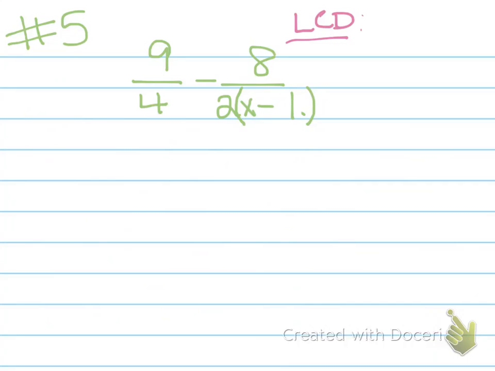So the lowest value that we can make out of those two coefficients is 4, because this one is a 4, so we can't make it smaller, we can only make it bigger. But since we can make 2 into 4, we can multiply the second one by 2 to get the 4. Alright, so we can have 4, and then our first rational fraction needs that x minus 1.